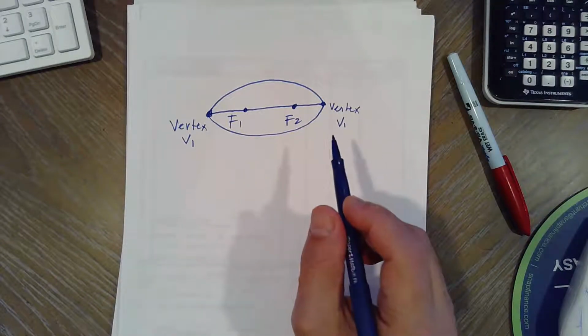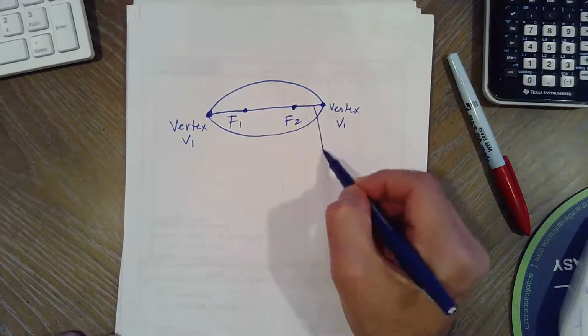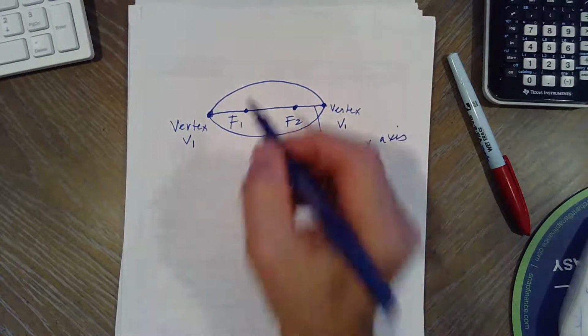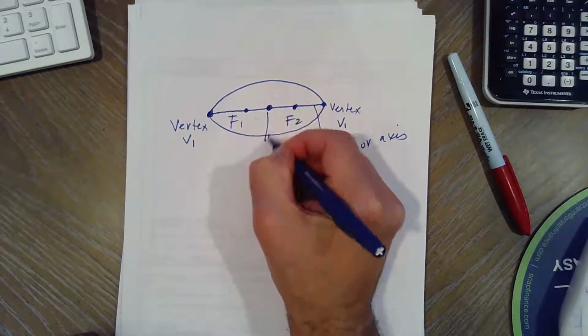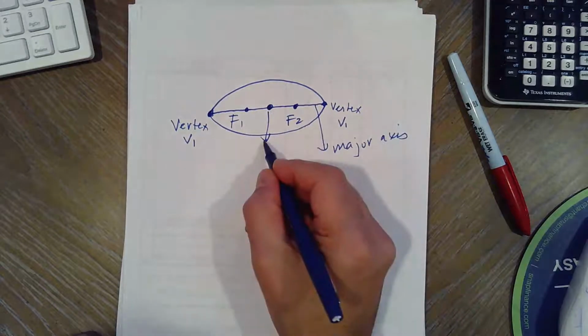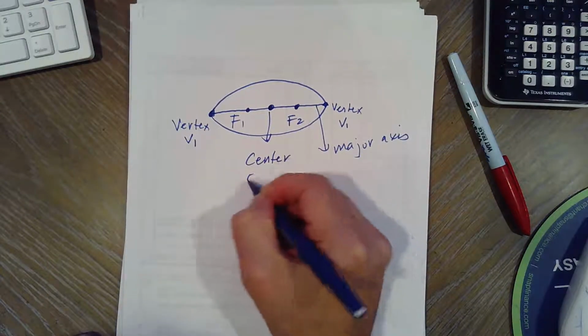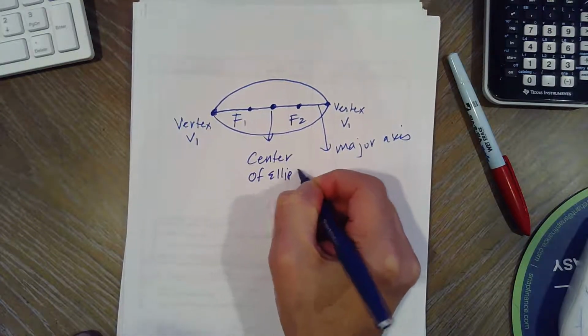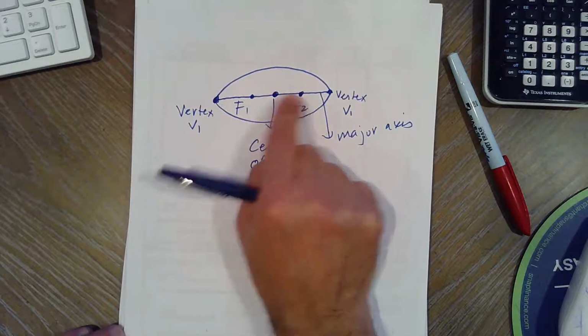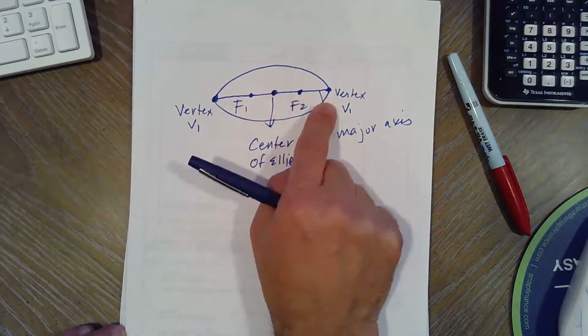The chord joining the 2 vertices is the major axis. So this is the major axis. And the midpoint, halfway between F1 and F2 and halfway between V1 and V2, is the center of the ellipse. So to find the center, you measure the midpoint between F1 and F2, and it's the midpoint between V1 and V2, okay?